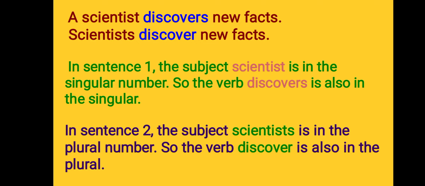Okay, scientist here is third person singular, and we all know that with third person singular we add s or es with the verb. That's why we have added s with the verb discover. Okay, that means the subject is also singular and the verb is also singular.